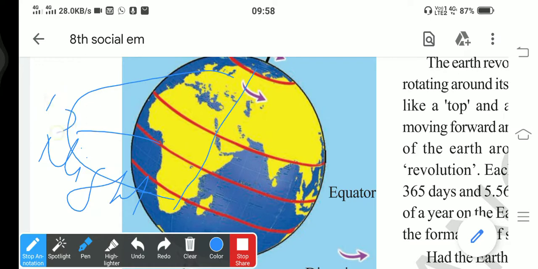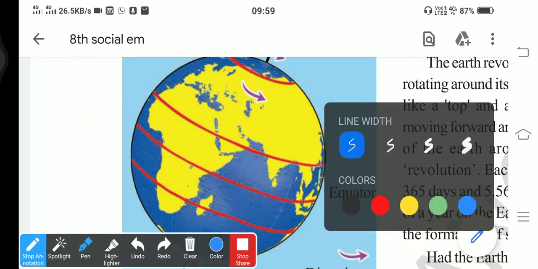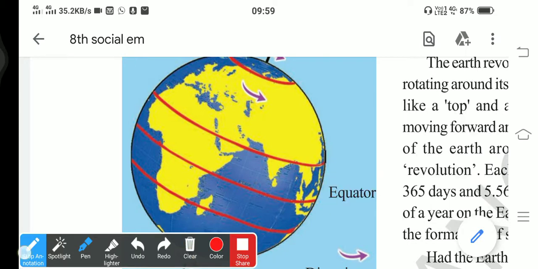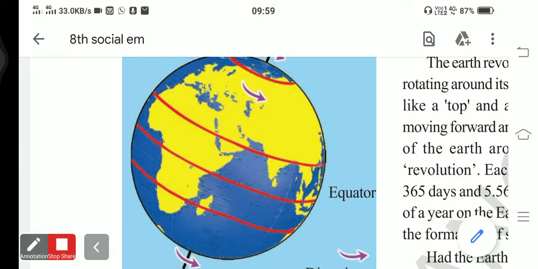Here 12 hours night will be there, another 12 hours we see the day by the earth rotation, dear students. Is it clear to all? So by the earth rotation, day and night is taking place.